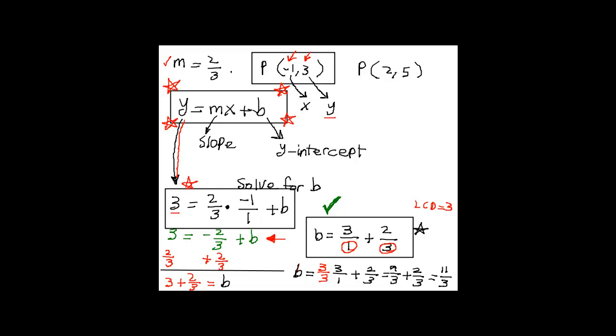Let me open a new page to explain that to Maria. I guess you're having a problem after this step here: 3 is equal to minus 2/3 plus b. In order to solve for b, you have to eliminate minus 2/3. Let me write down another equation right next to this, and that should help you to see this.